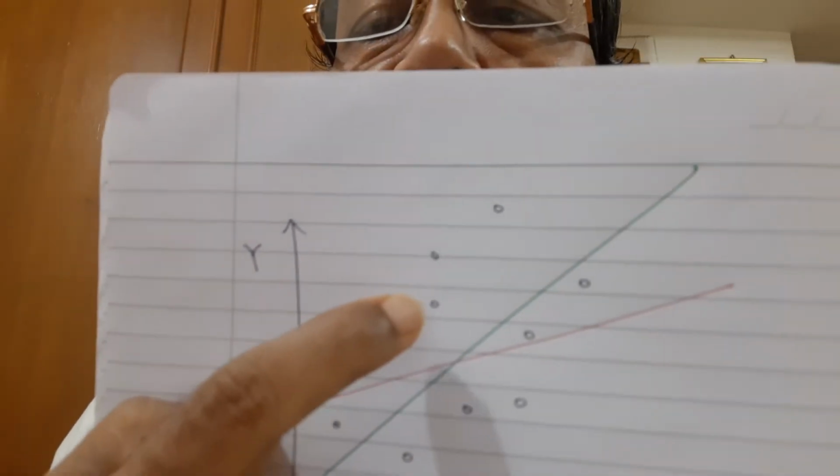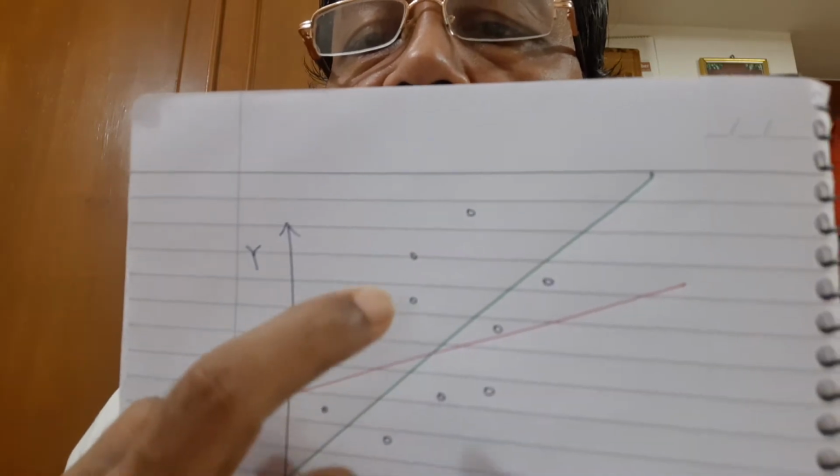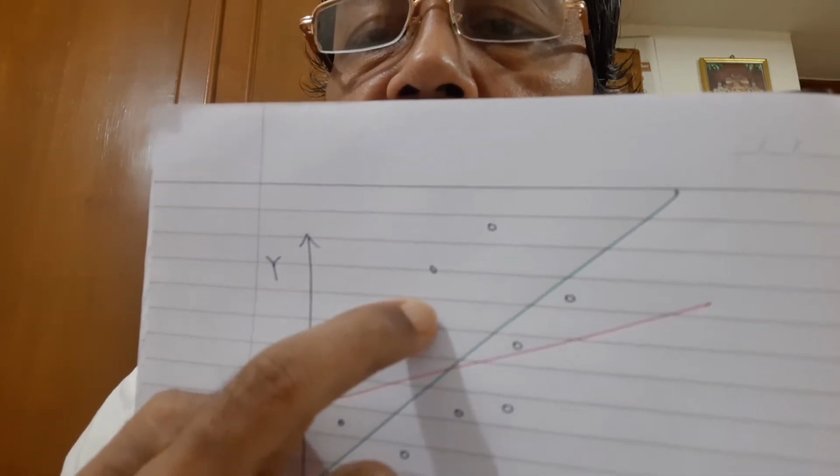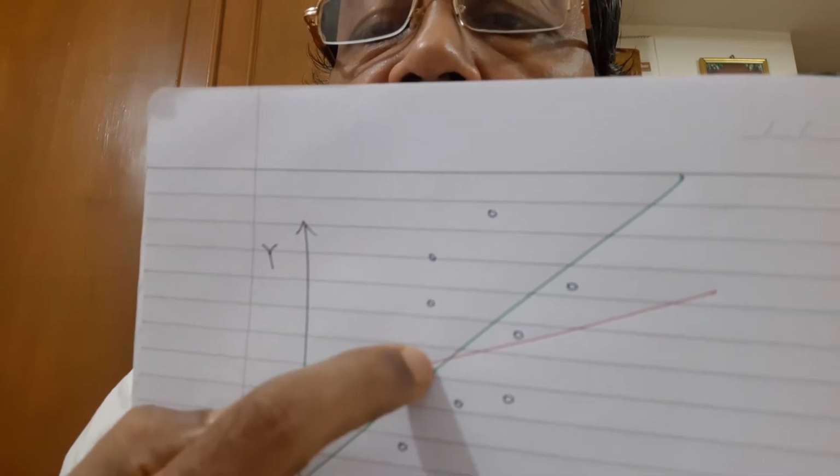In the least square procedure, we are trying to fit a curve such that the square of the vertical distance between the actual observations and the corresponding points on the fitted line is minimum.